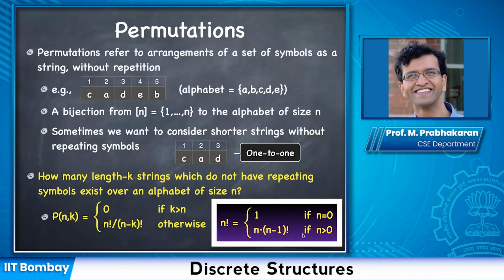So 0 factorial I define as 1, and for n greater than 0 I define n factorial recursively, or say inductively, as n times (n minus 1) factorial. Okay? So simply put, it is just the product 1, 2, 3 up to n, that is n factorial.